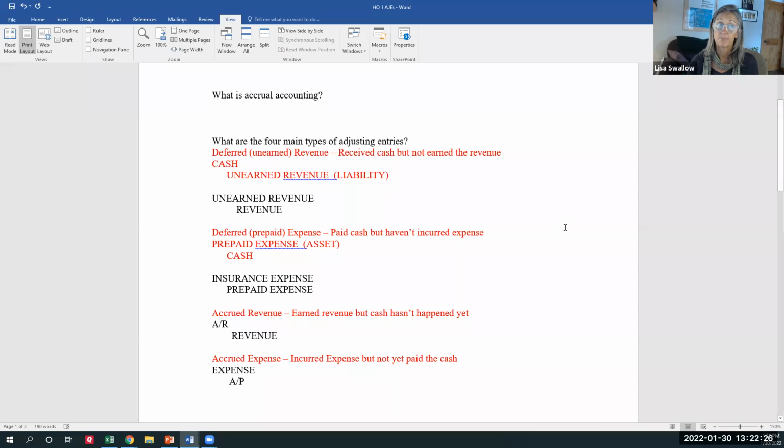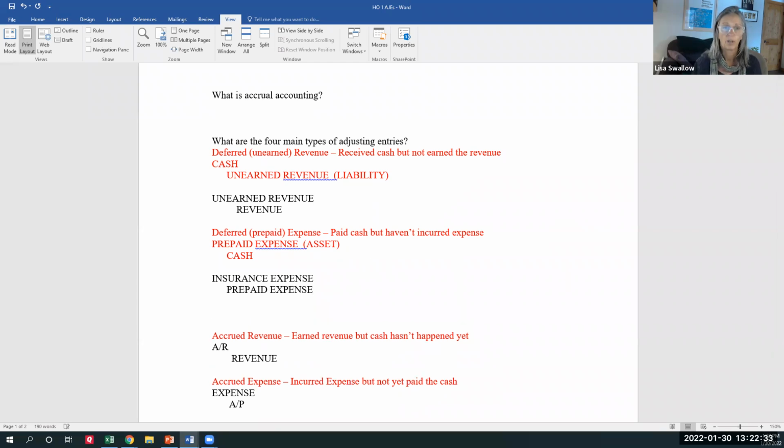And then we learned about a special type of AJE, which is a type of prepaid expense. What happens when we buy a plant asset? That's a big prepaid expense and we use up a little piece of it over a long period of time, and that's called depreciation.